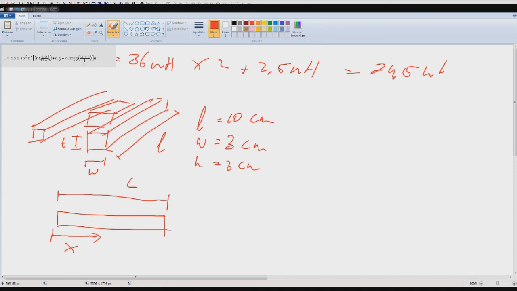Then the length in this equation can be replaced by x. It's a function of distance as it travels down the rail. But in addition, I will most likely not even reach this 10 centimeters.